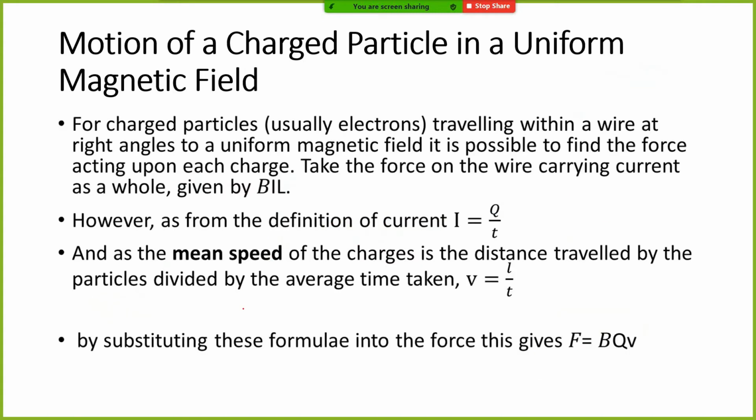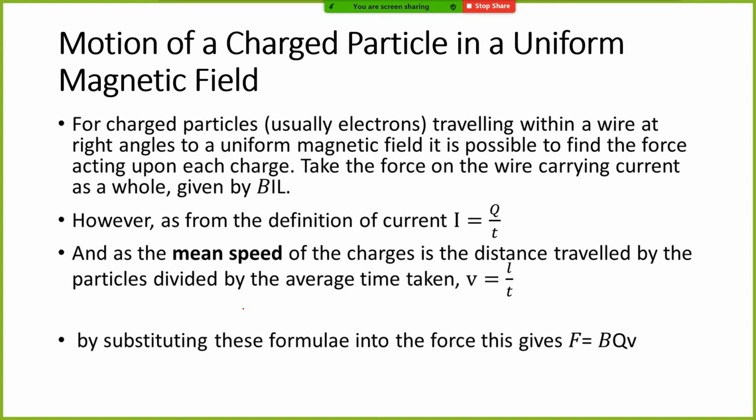All right, now we're going to move a little bit away from the wire, and look at how a charged particle moves inside of a uniform magnetic field. One of the first things we want to highlight is that for charged particles, usually electrons traveling within a wire at right angle to the uniform magnetic field, it is possible to find the force acting on each charge.